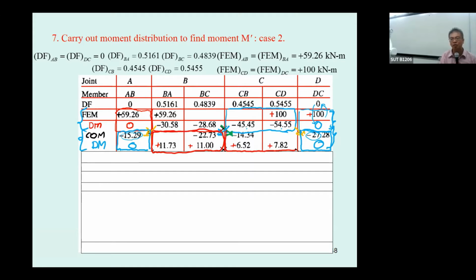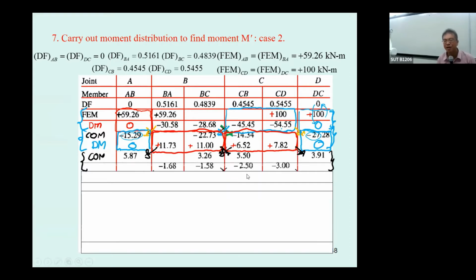And again, the process goes to the carry over moment again. Carry over moment, and then this is going to be the third round. You do the same process of carrying over like this.